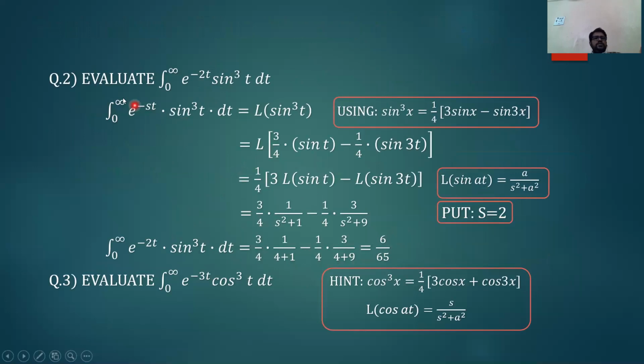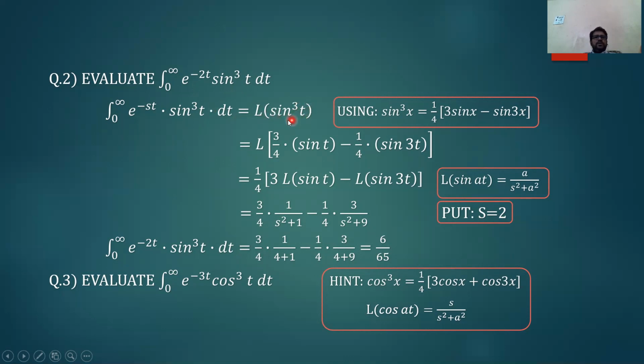Now the second example I have taken here. Evaluate the integral from 0 to infinity e raised to minus 2t sine cube t dt. Again the same procedure applies over here. We have to find the Laplace of sine cube t first of all.